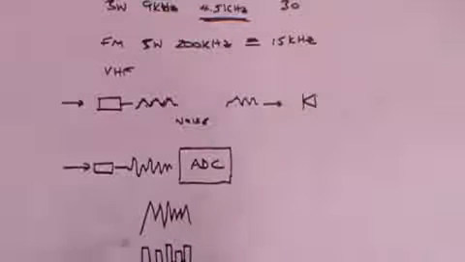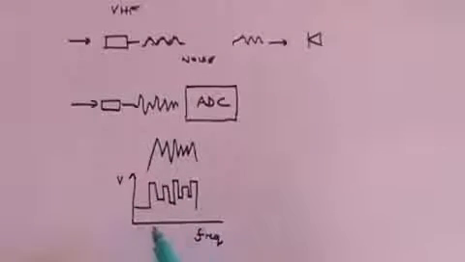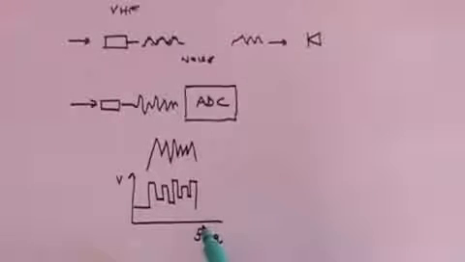What that means is you need to know this is the voltage and this is the frequency. So you need to know the level of the voltage for each of the frequencies at a particular moment in time.